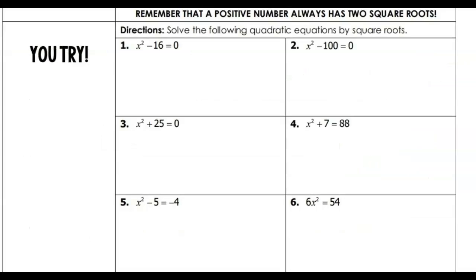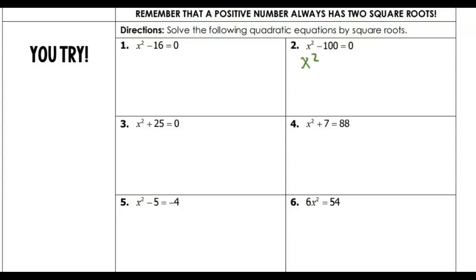We'll do a few more towards the bottom of the page here. Again, remember that any positive number always has two roots. We're going to do number 2, and if you want to do some of the others, I will post the solutions to all of these in today's folder.